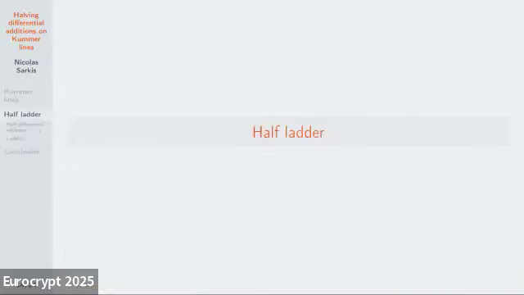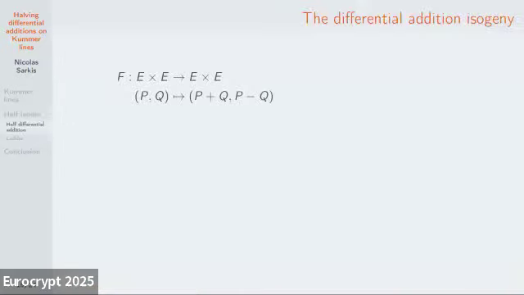So now, what we want to do is, can we do something similar for the differential addition? We are interested in this map this time. You map P and Q to P plus Q, P minus Q. These are the points we are interested in. It is still an isogeny, but it's not an isogeny between elliptic curves. It's an isogeny between a product of elliptic curves, so abelian surfaces. And we would like to factor it in the same way as we did with the 2-isogeny to factor the doubling.